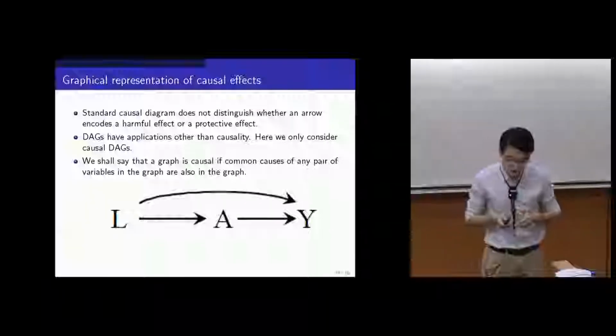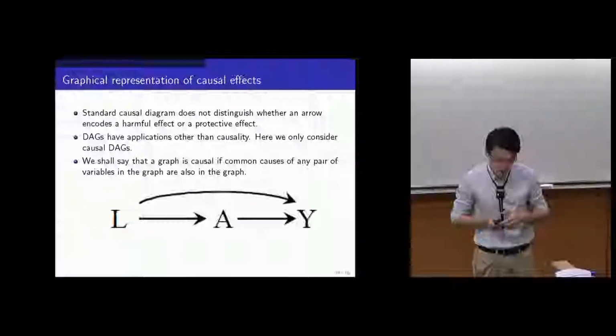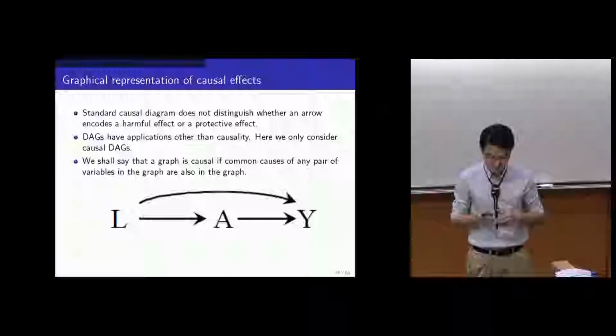DAGs have many other applications besides causality. Here we only consider causal DAGs. We shall say that a graph is causal if common causes of any pair of variables in the graph are also in the graph.